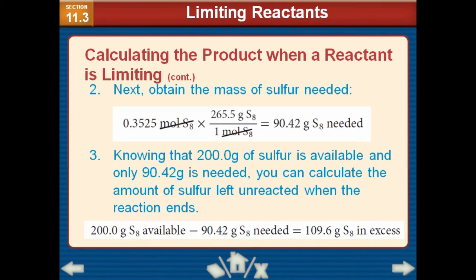Knowing that 200 grams of sulfur is available and only 90.42 grams is needed, you can calculate the amount of sulfur left unreacted when the reaction ends by subtracting 90.42 grams of sulfur from the 200.0 grams available, showing that there will be 109.6 grams of sulfur left over when the reaction is over.